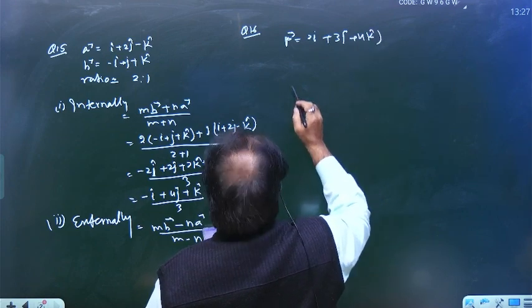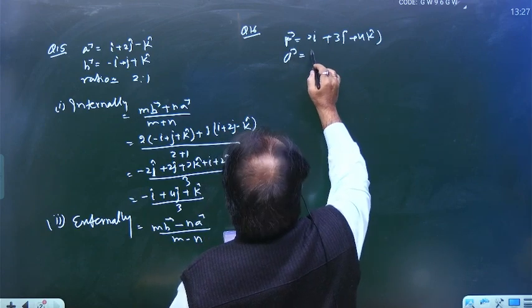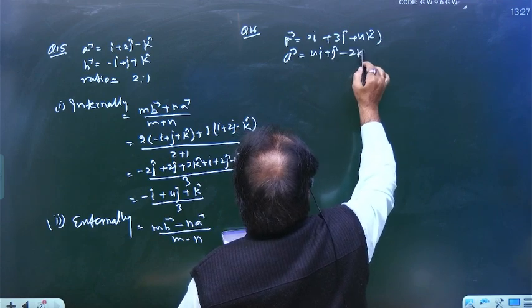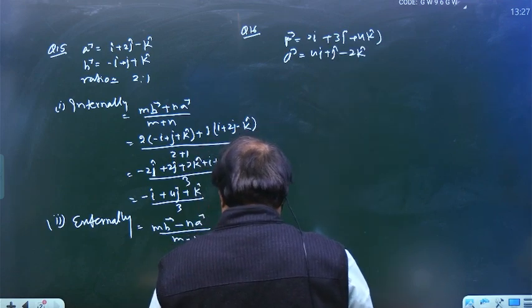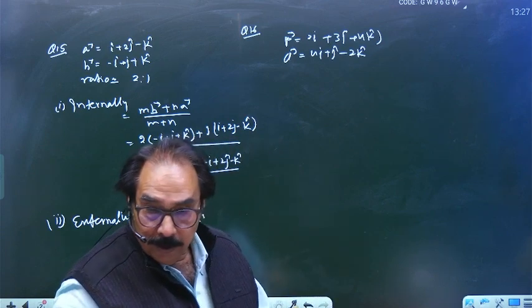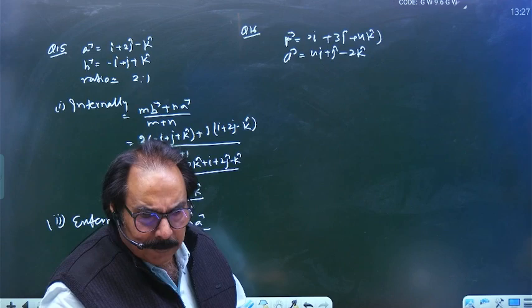Another vector Q is 4i cap plus j cap minus 2k cap, and we have to find the position vector of the midpoint. Let R be the midpoint.